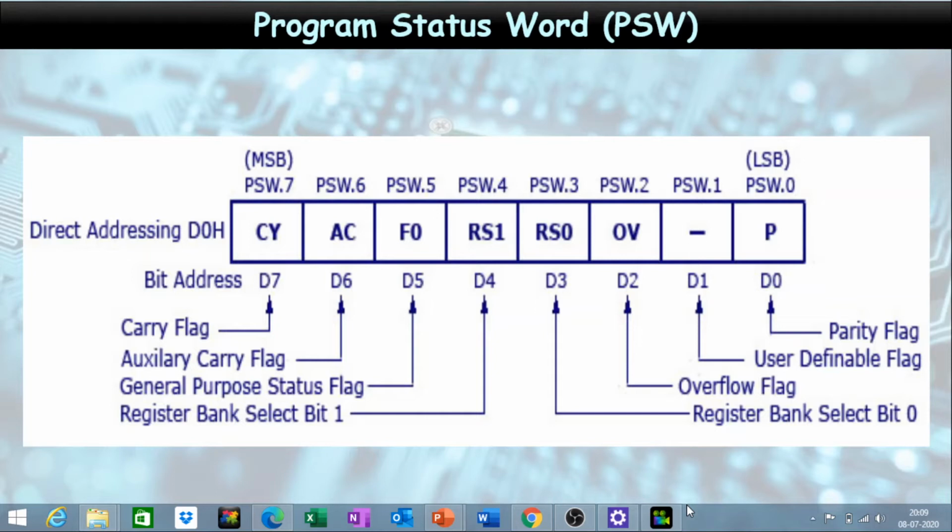Fourth bit and fifth bit are the register bank select bit 0 and bit 1. The sixth bit is F0, that is general purpose flag, and the seventh bit is an auxiliary carry flag, and the last bit is a carry flag.